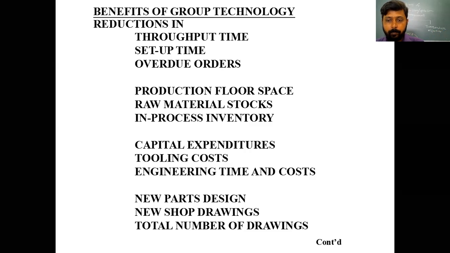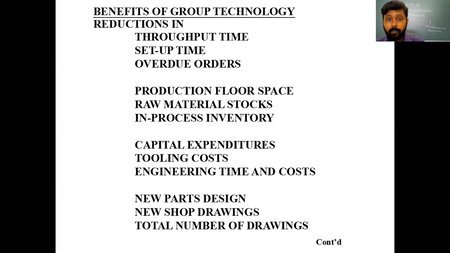In the case of capital expenditure, it is some sort of commerce part. If you are not using group technology, then you have to spend on other things to improve the efficiency of the shop floor or the production system.